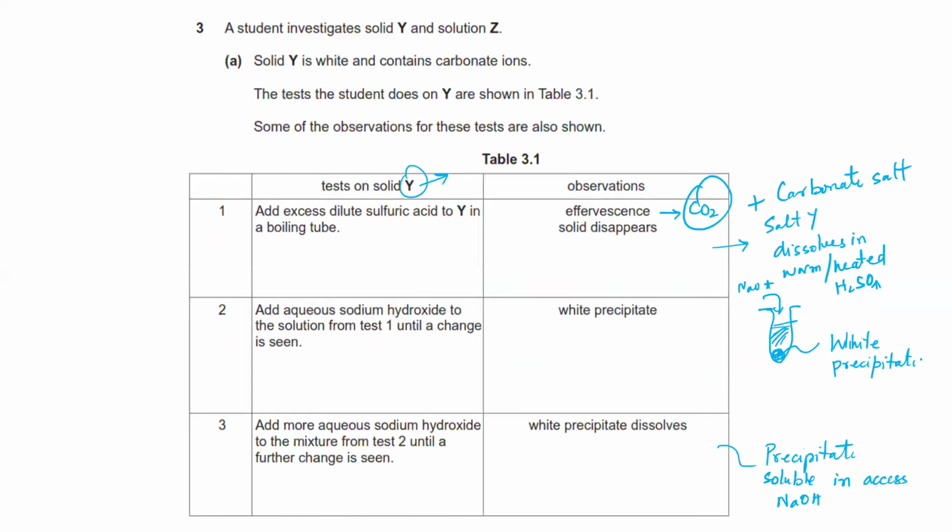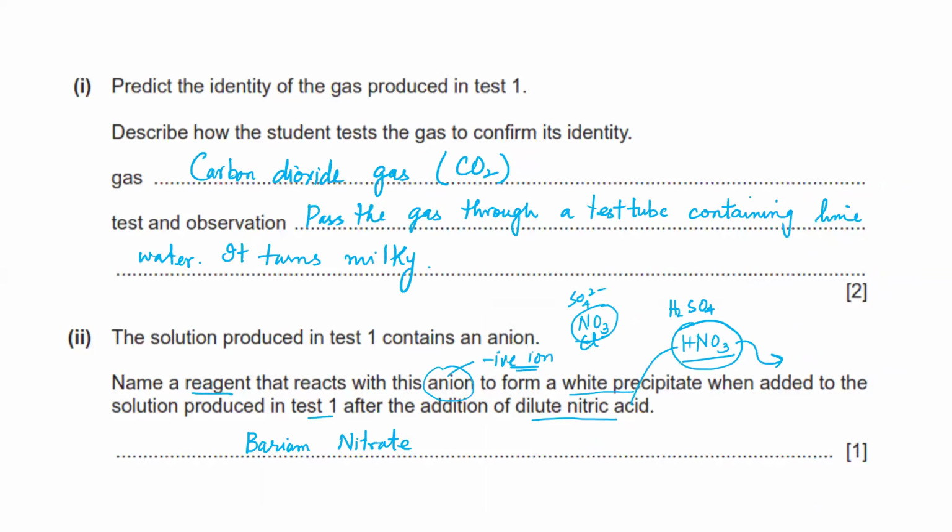So let's see. It says white precipitate dissolves. The other observation is plus a colorless solution appears or forms. Once your precipitate actually dissolves, the whole solution inside the test tube becomes colorless.